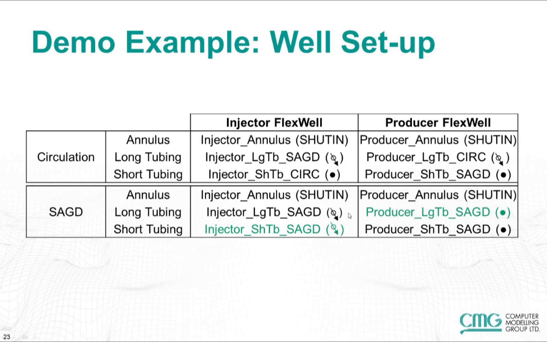We'll continue injecting in the long tubing, and also we will be injecting in the short tubing. Hence, we need to replace the short tubing to an injector type in the SAGD period when we switch from circulation to SAGD. Replacing the well ensures that the pressure profiles and the saturations from the last time step is preserved. Now I'll switch to Builder.